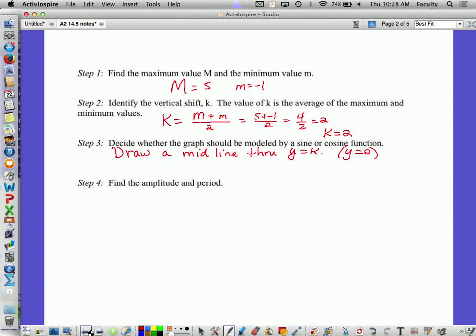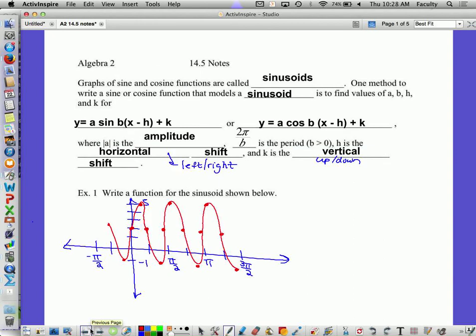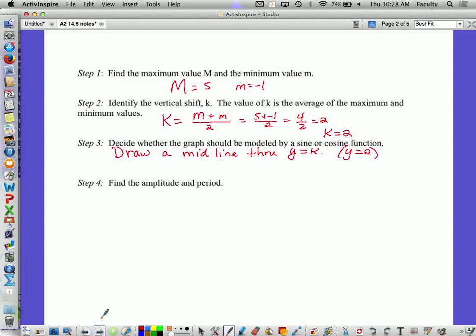So let's go back to the graph. If it's y equals 2, it's taking the x-axis and shifting it up 2 units, okay? Do you see that the graph is really oscillating and going through the midline? So we're going to want to use the sine curve, and we now know what k is.